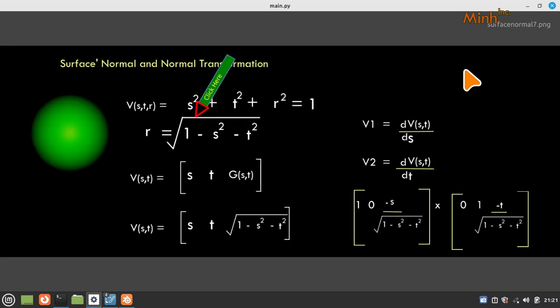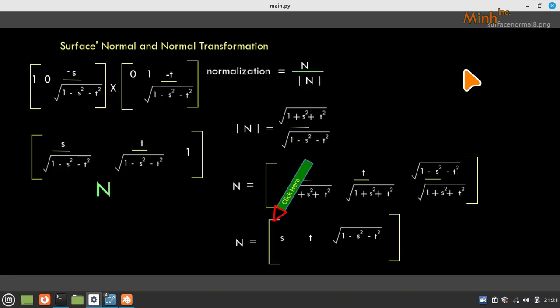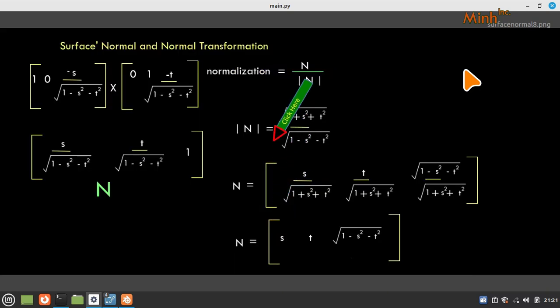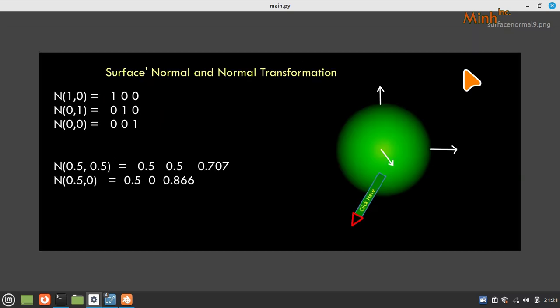But in explicit, we just say s and t and g(s,t), and then we calculate v1 and v2. If we get v1 and v2, we calculate the cross product to get the normal as per the vector analogy. And once we get the cross product, we do the normalization and try to get the actual normal direction.